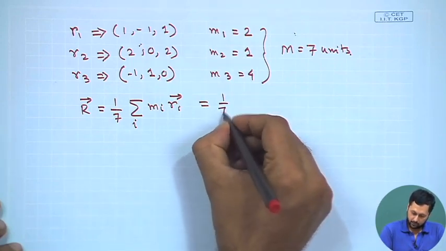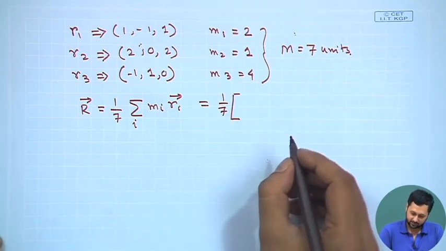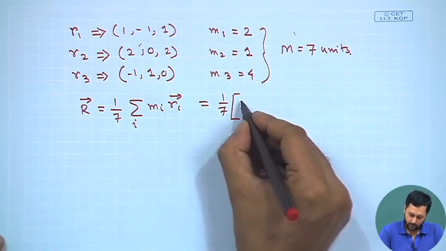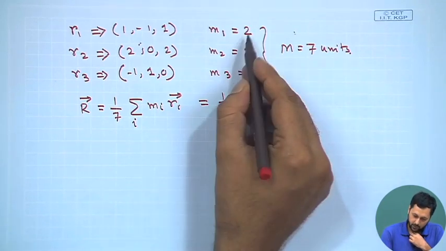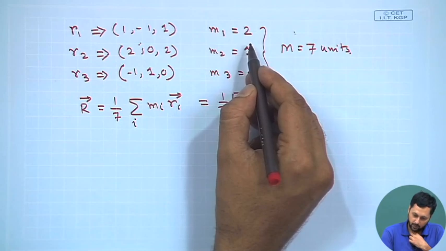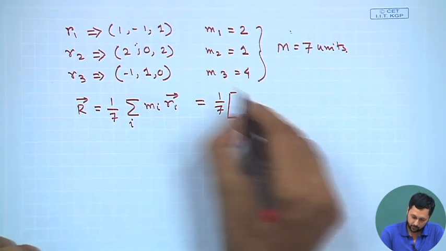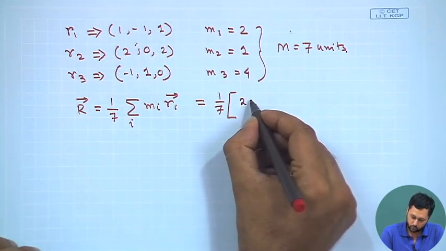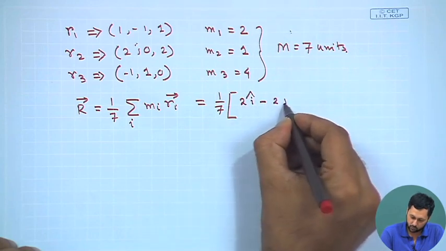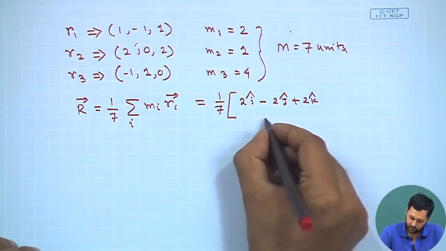So if we execute this, I have M1 times R1, and we have to write it in terms of i, j, k. So it will be 2i cap minus 2j cap plus 2k cap.